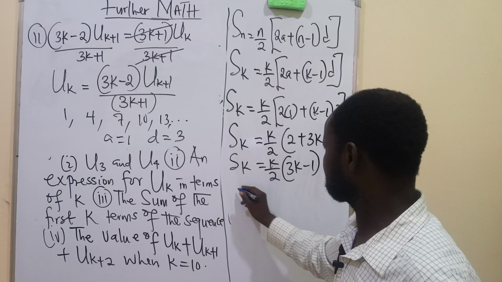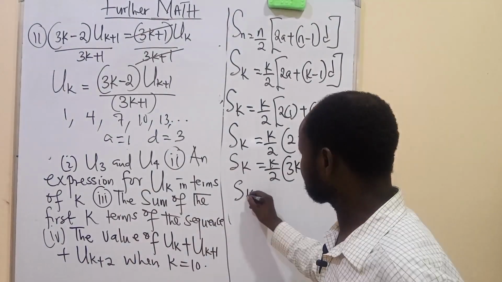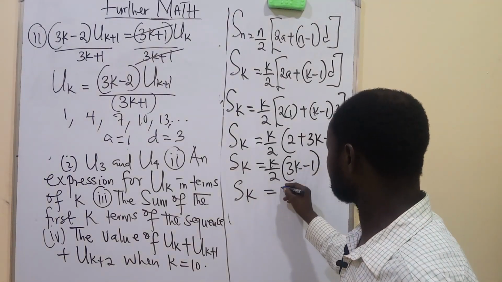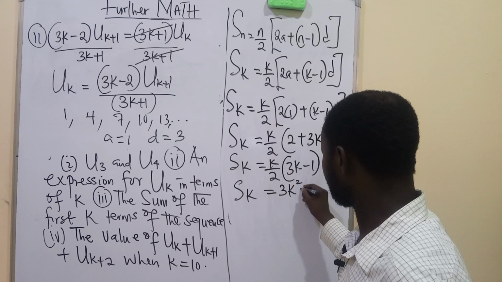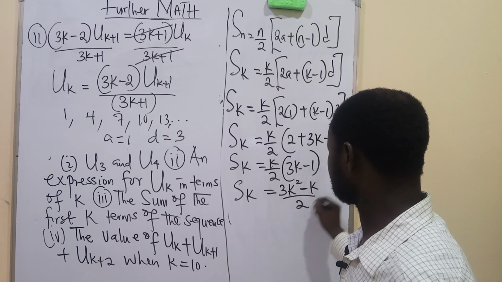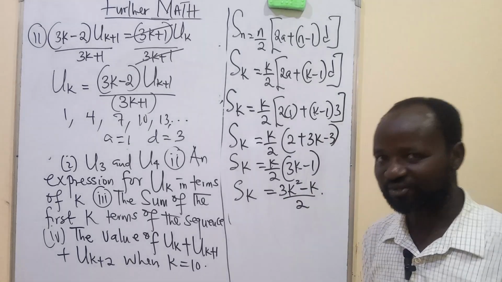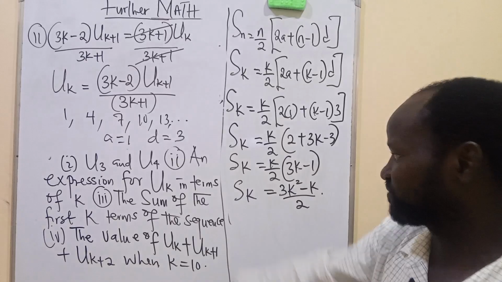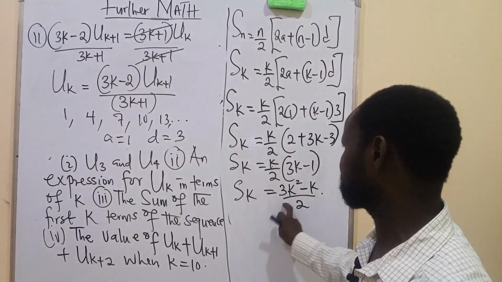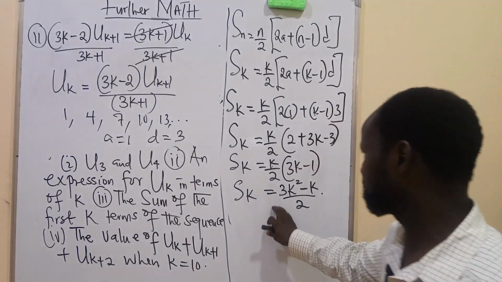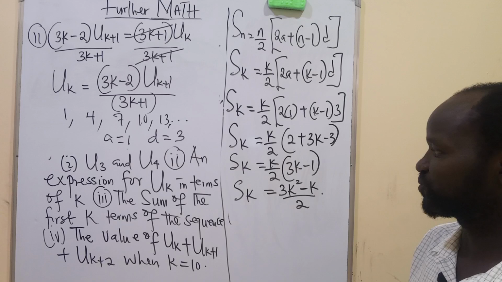Let's simplify this. So the sum finally will be equal to k times 3k, that is 3k squared minus k, all divided by 2. So this will be the sum of the first k terms of the sequence.